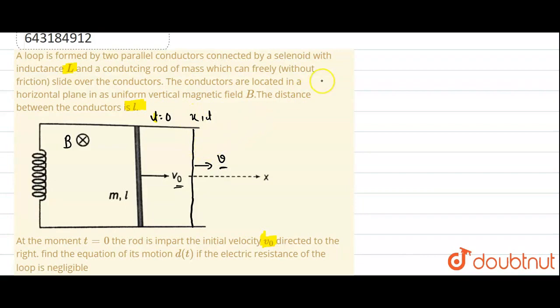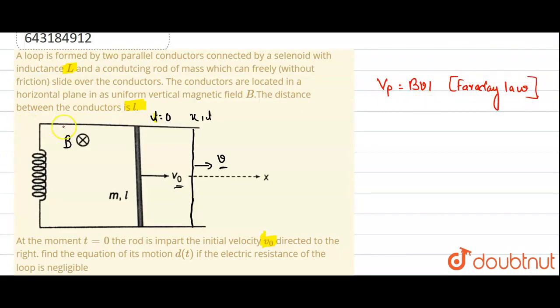So what is the potential at this point? For this we know from Faraday's law, the potential Vp is equal to BVl, from Faraday's law.